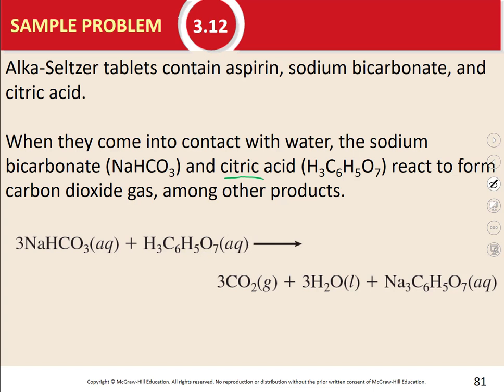Okay, we got baking soda and lemon juice. We're still in the kitchen, still not scary, right? You can rewrite it as baking soda and lemon juice if you want to. The products of this are carbon dioxide gas, there's our bubbles, water, and then sodium citrate is the other product. So here's our nice little balanced reaction.